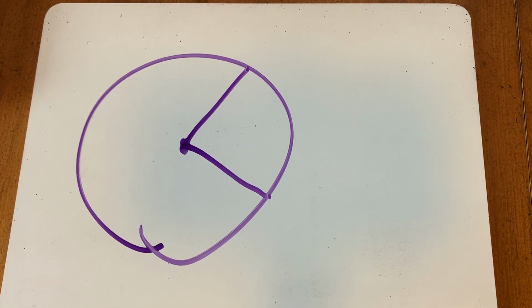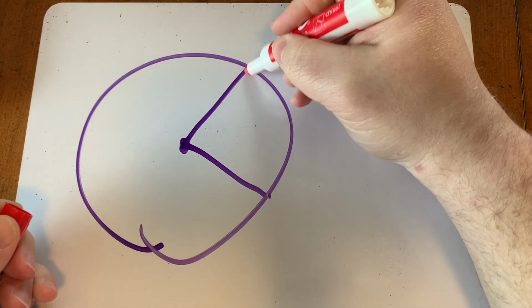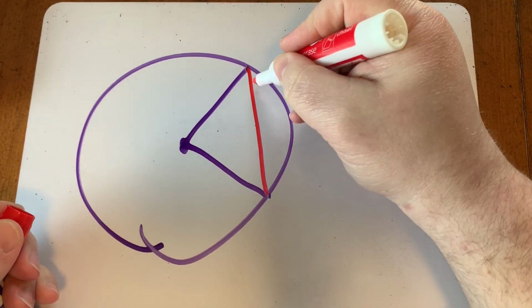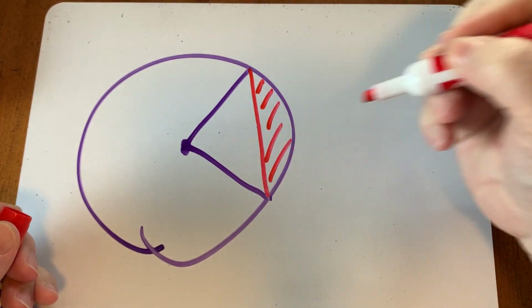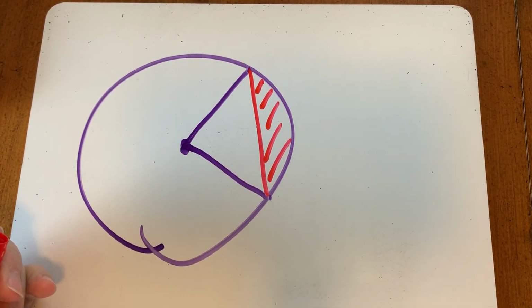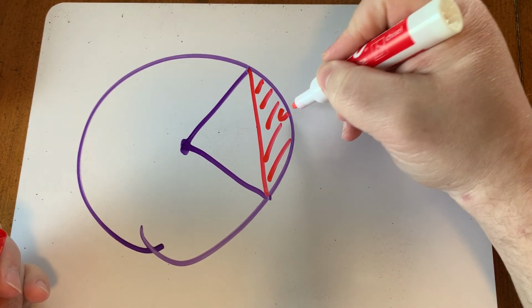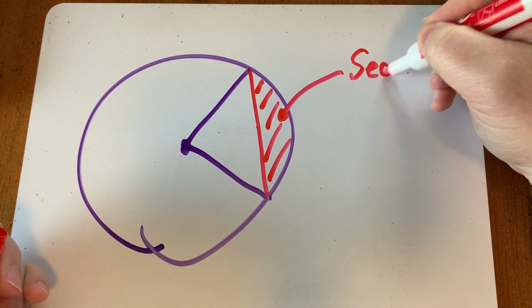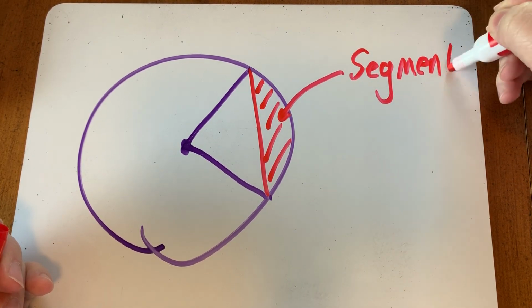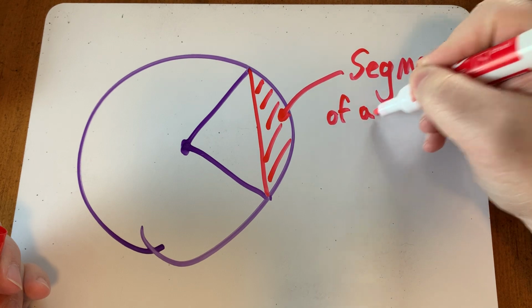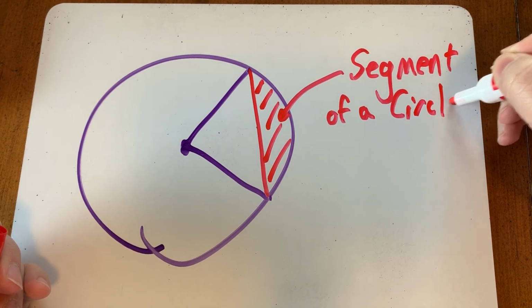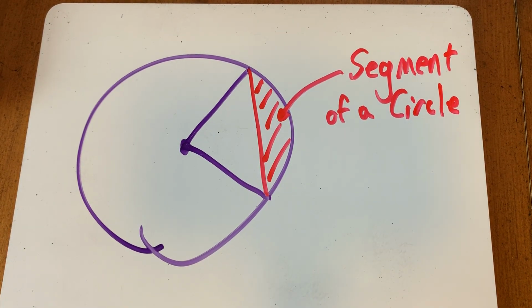But an arc can also enclose a region with a chord. If you have a region bounded by an arc and a chord, that is called the segment of a circle. So a region bounded by an arc and a chord is called the segment of a circle.